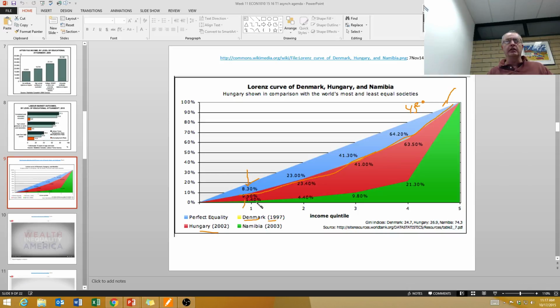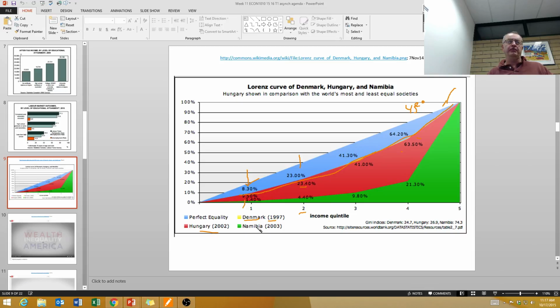And in Hungary, it's 9.5%. In the second quintile, so that's up to the 40% of households, 23% in Denmark versus 23.4% in Hungary, and so on. So Hungary and Denmark are fairly similar.